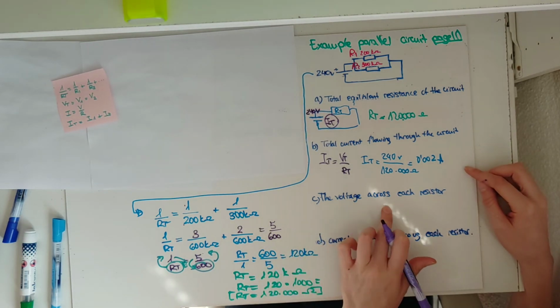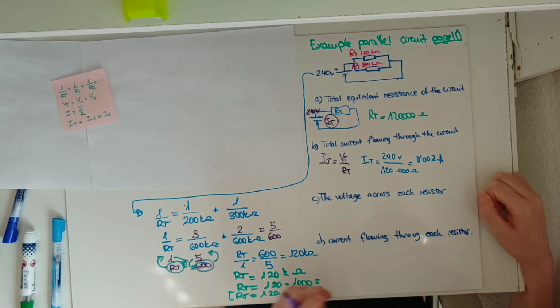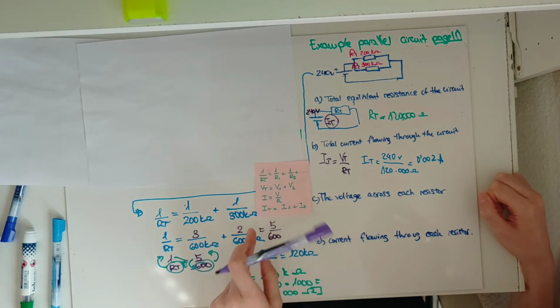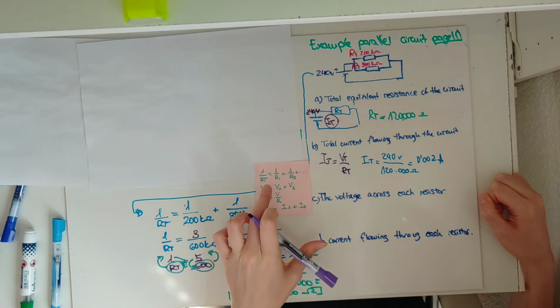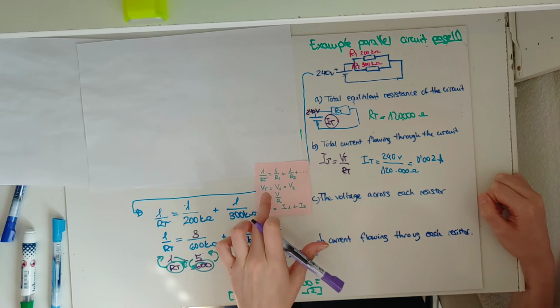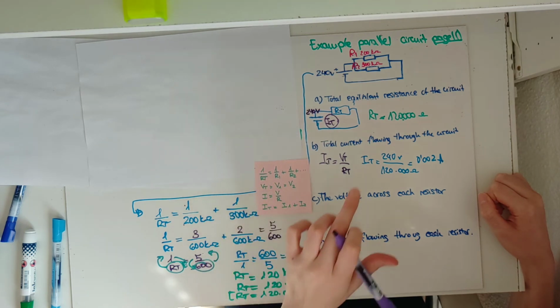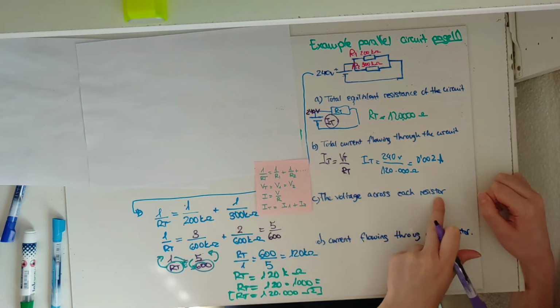The voltage across each resistor. Okay, let's see the formula. The formula I have, what I have the total voltage, the total current, and the resistor. Okay, the total resistor. Now the voltage across each resistor.